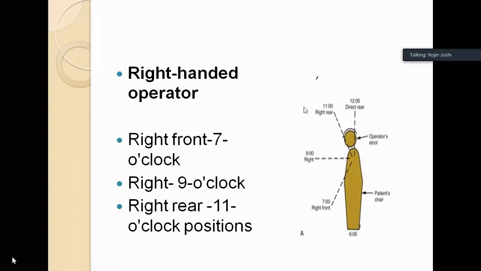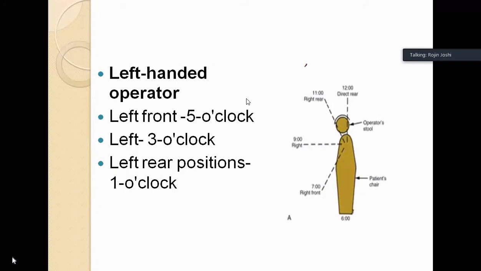So for a left-handed operator, we have the 5 o'clock, 3 o'clock, and 1 o'clock positions. And this direct rear 12 o'clock position is for both right as well as left-handed operators.